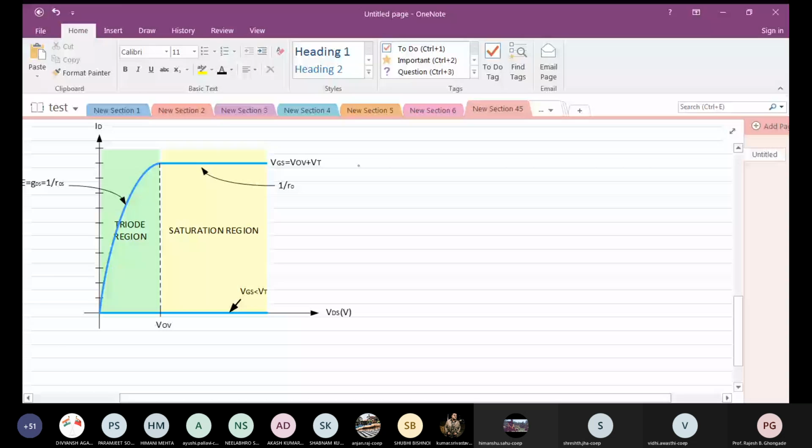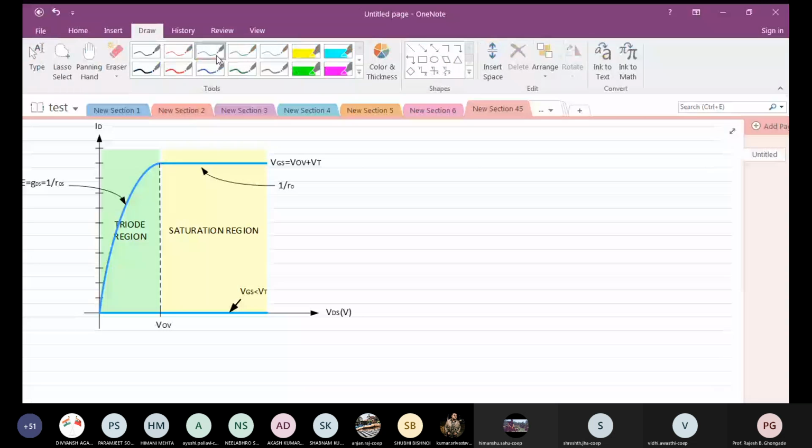But practical devices will not show anything like this. In fact, you will have a slight slope. It will not be exactly parallel to the x-axis, but you have a slope, and because of this you have a finite RO.